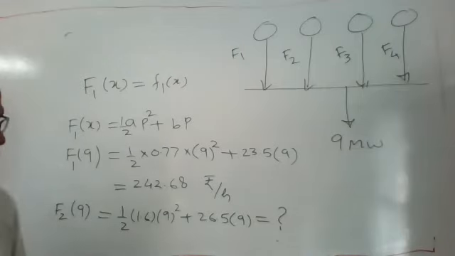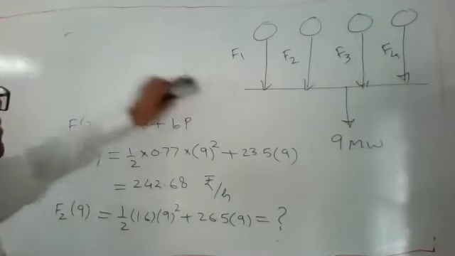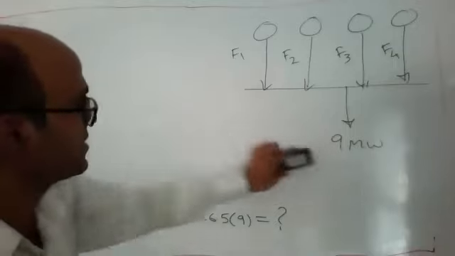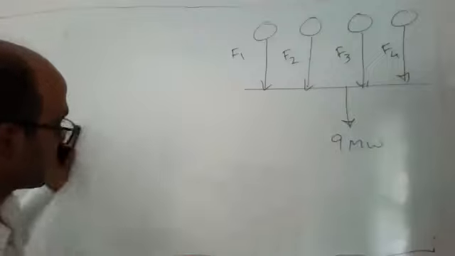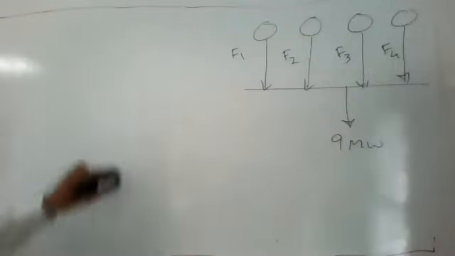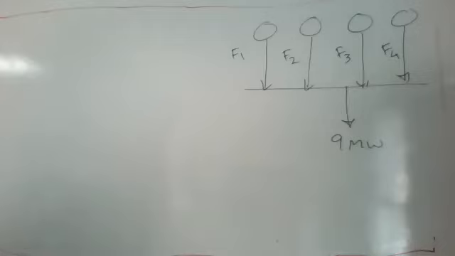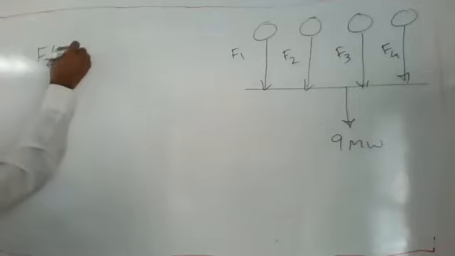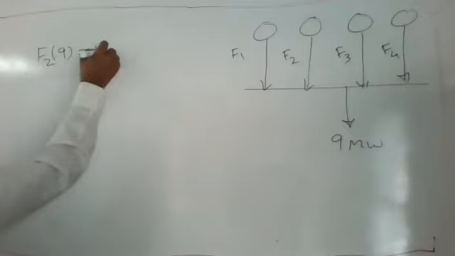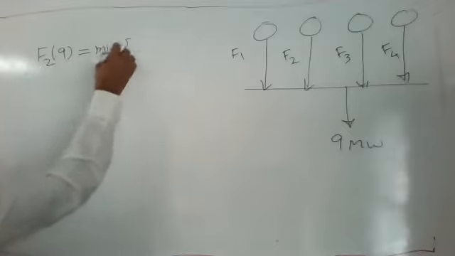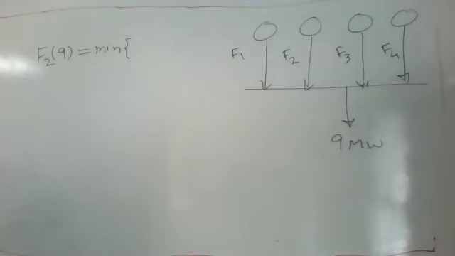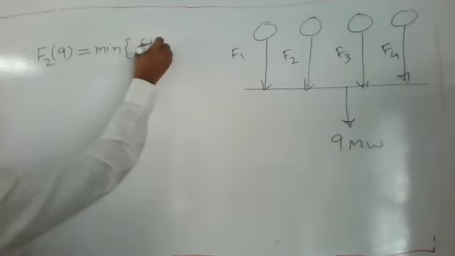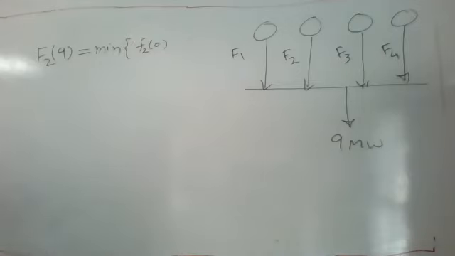Then you have to find the minimum of. So I am again writing it. After calculating all the computation, I have to find F2 9, which is nothing but the minimum of F2 0, unit number 2, initial cost.